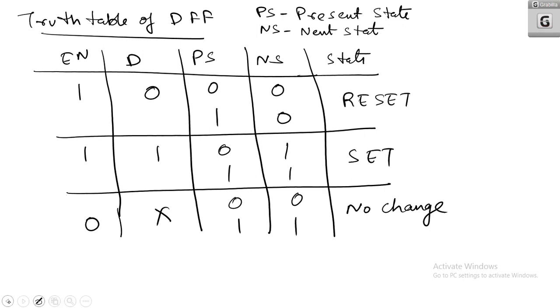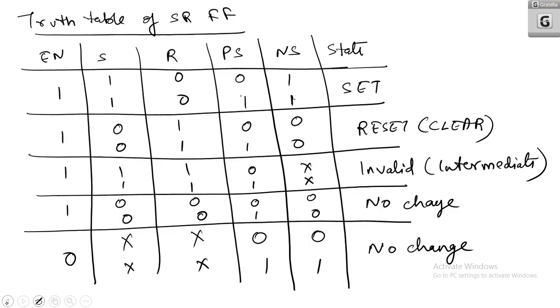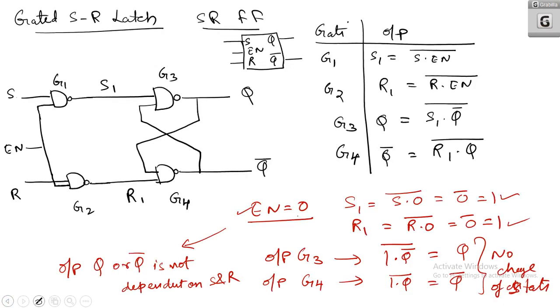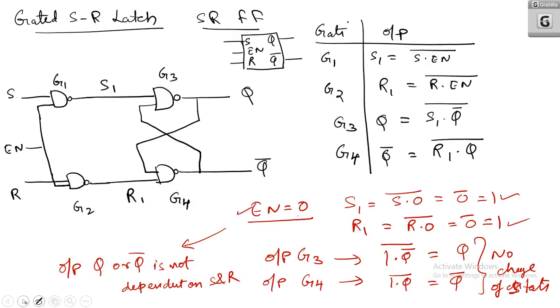Okay, so I think you have got an idea about this SR flip flop. Here I have mentioned gated SR latch and gated D latch, or SR flip flop and D flip flop. I have drawn the logic diagram of this gated SR latch and given the third input.